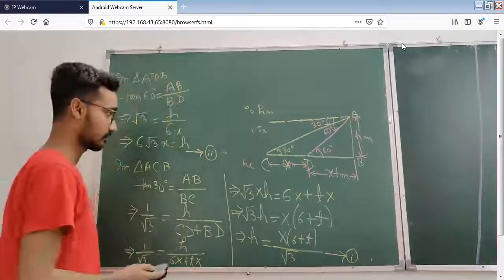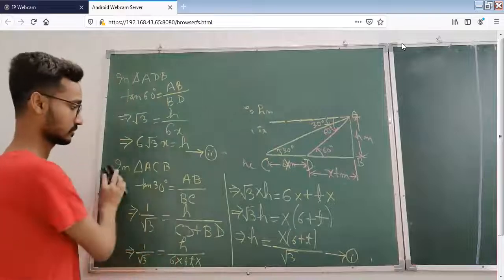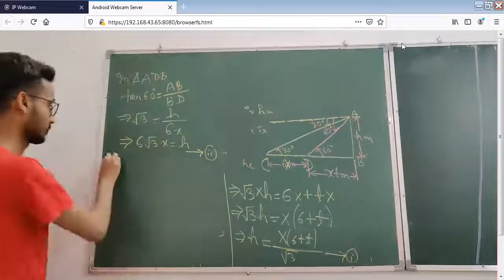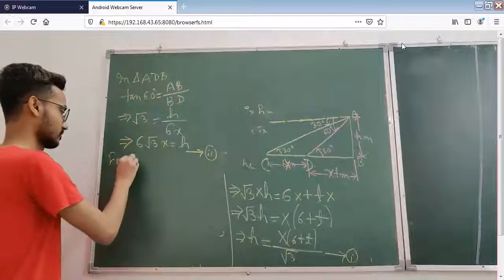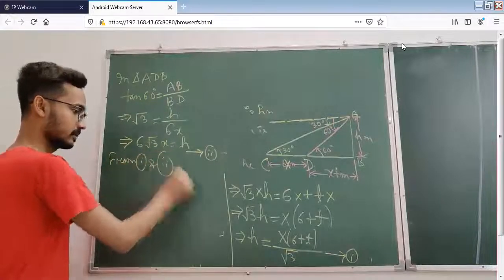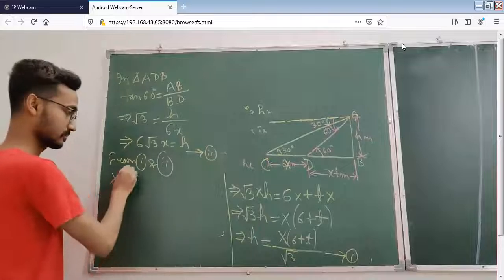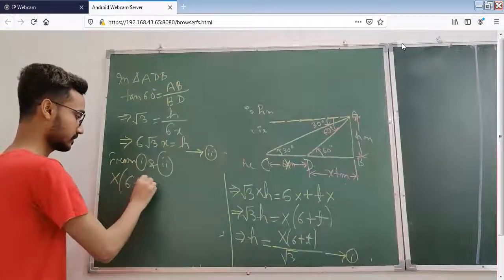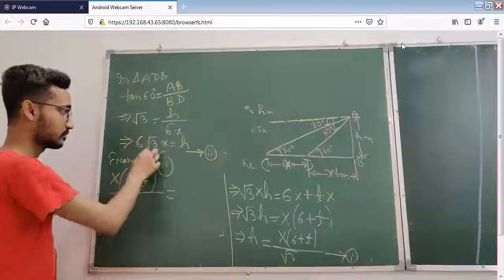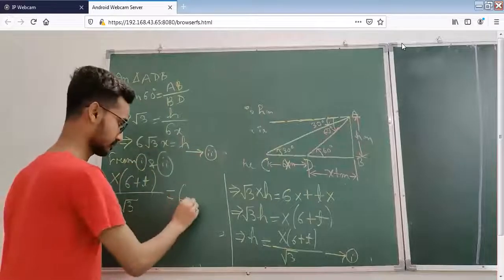So write down from 1 and 2: x into 6 plus t by root 3 equal to 6 root 3 x.